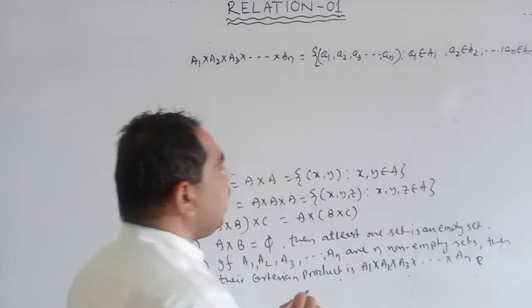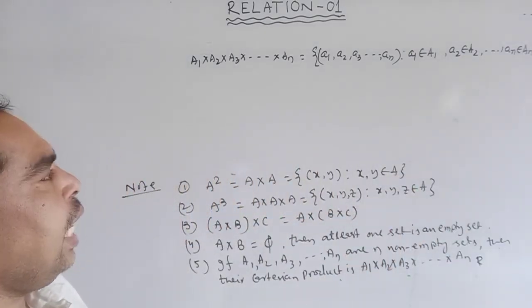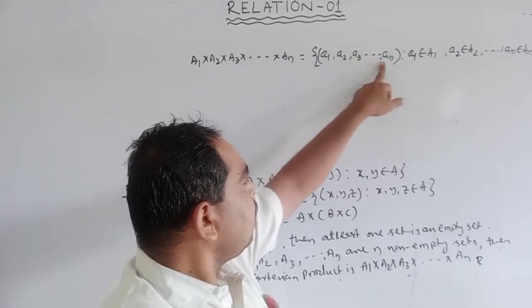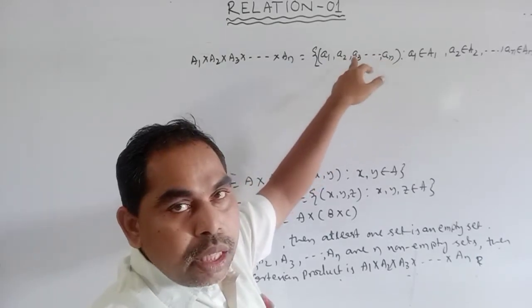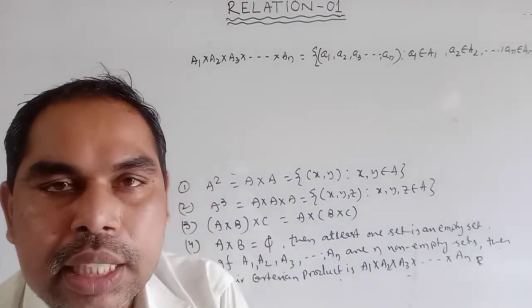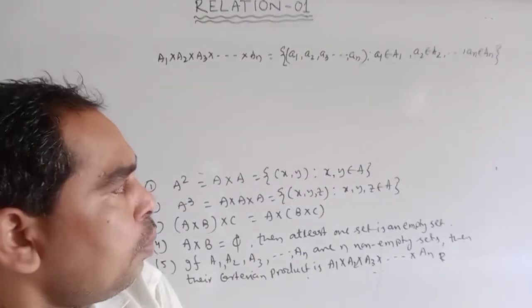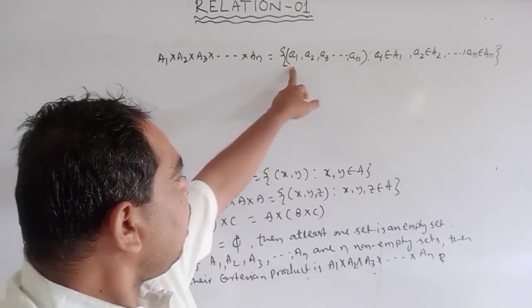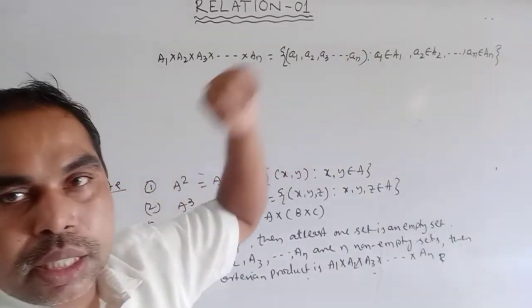This is the set containing n elements, like ordered pairs and triplets. So these are the n-tuples.